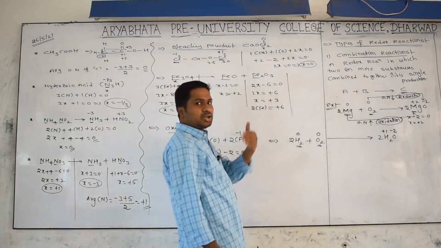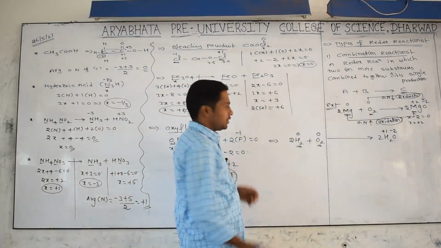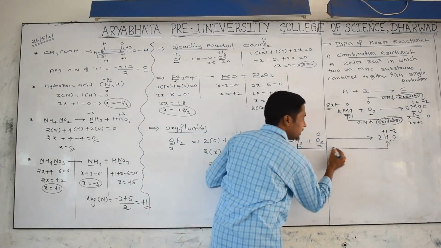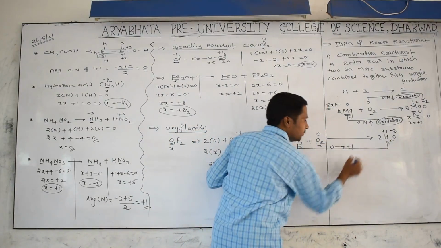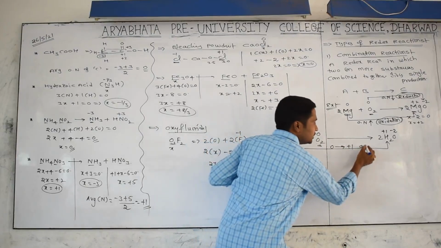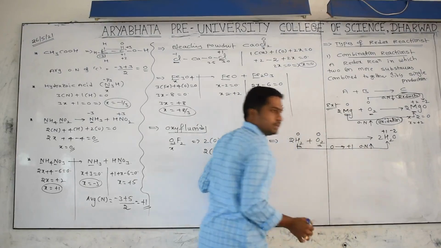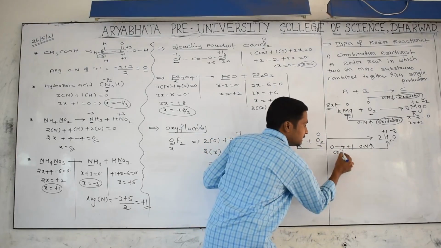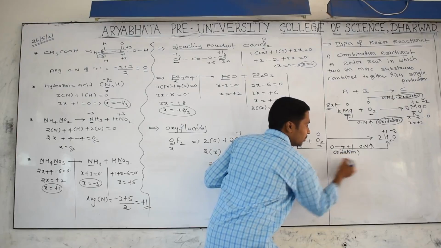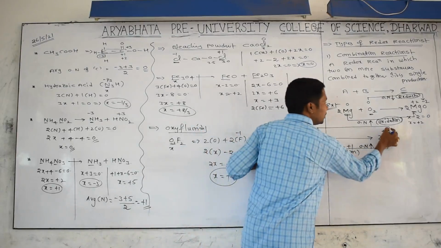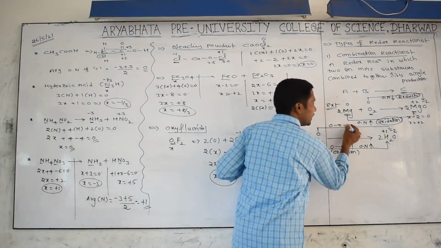Now check which is undergoing oxidation and which is undergoing reduction. The oxidation number of hydrogen changed from 0 to +1. 0 to +1 means the value is increasing, so the oxidation number is increasing. That is called oxidation. Now oxygen: the oxidation number changes from 0 to -2.